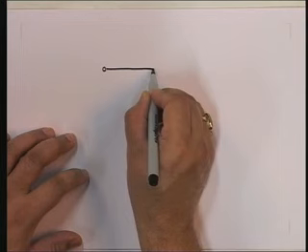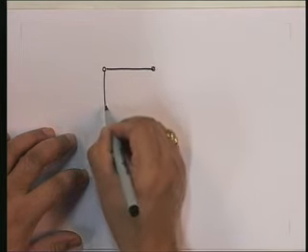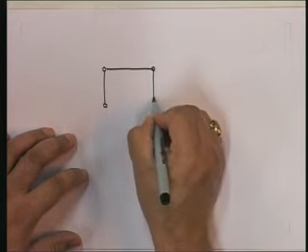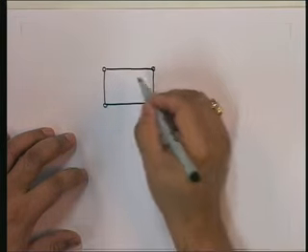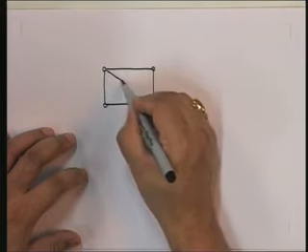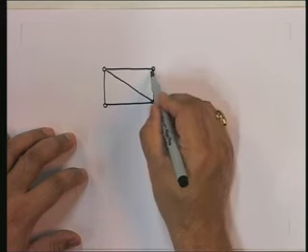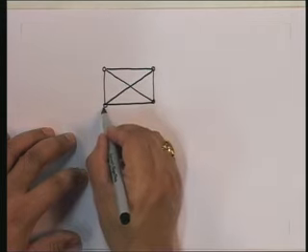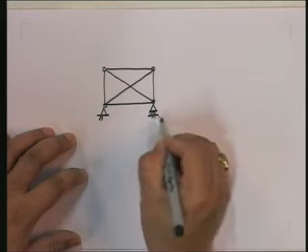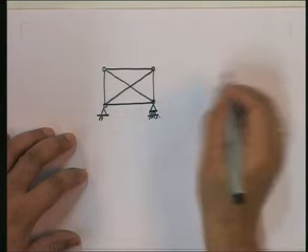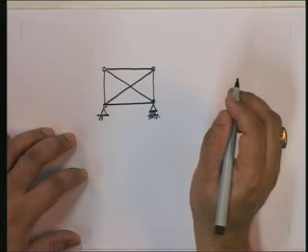Okay. So let's see. We have this situation that member AC is longer. What's going to happen? So you have this structure, with no loading on it, no loading at all.